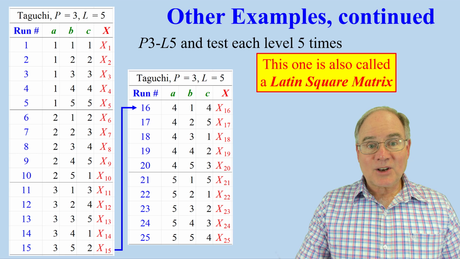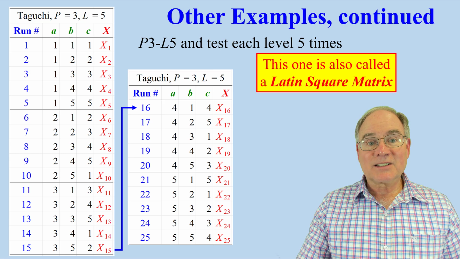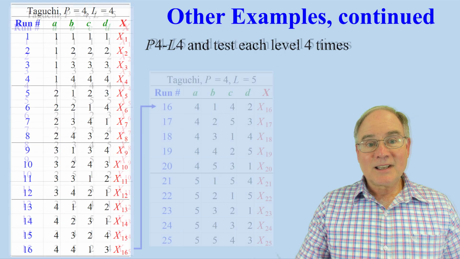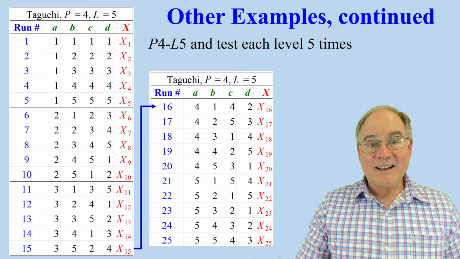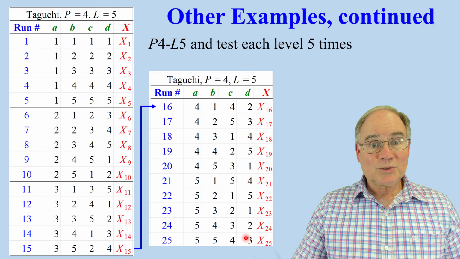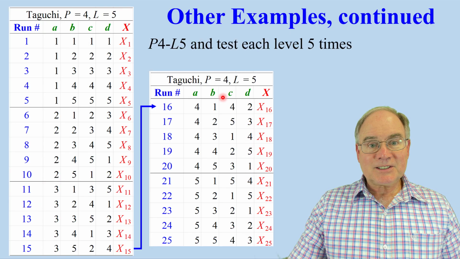By the way, this one is also called the Latin square matrix. Here's P4L4 testing 4 times, and P4L5 testing 5 times. When you add the 4th column, you have to really start shuffling around to satisfy our rules. Look at B and D, for example.